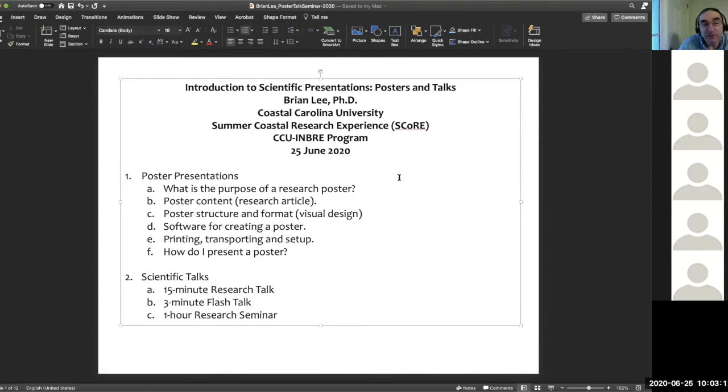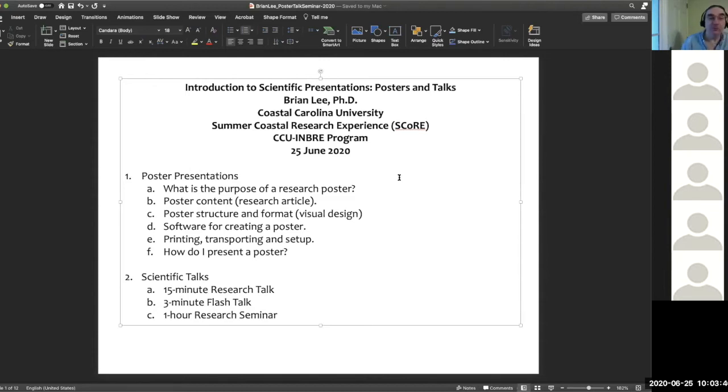And then looking at the poster structure and format, the visual design that's expected for a poster. And then I'll go through some suggestions for software for creating posters and also for working with graphics. And then give you some hints or pointers for printing and transporting your poster and getting it set up.